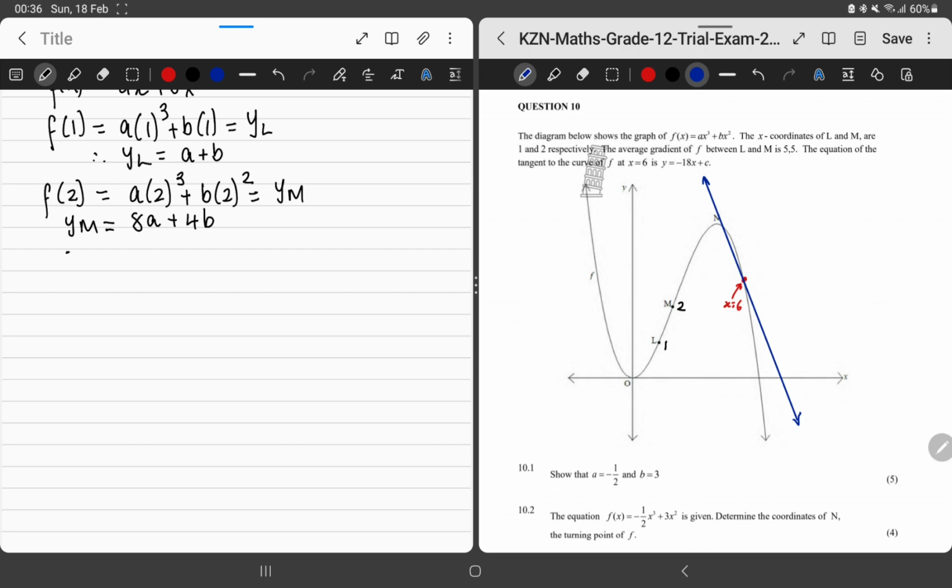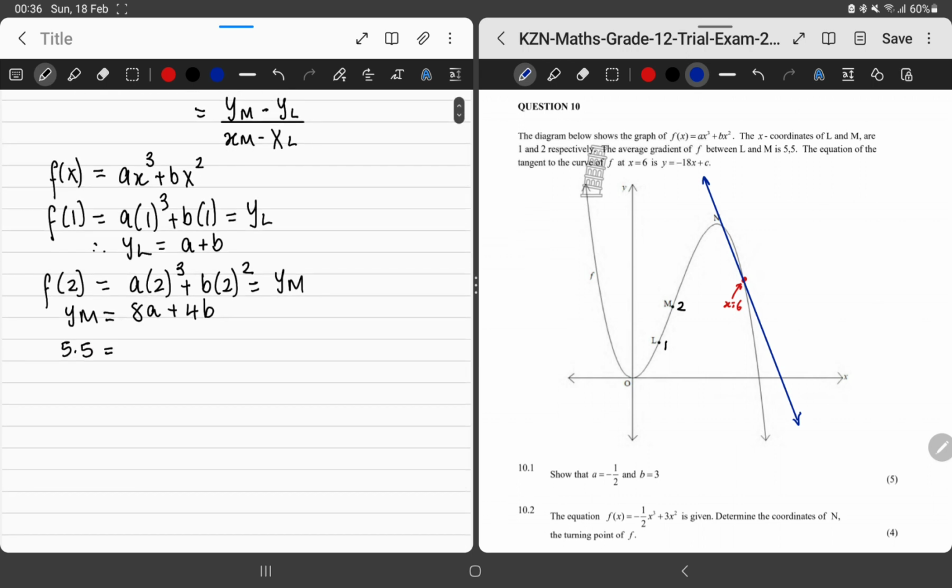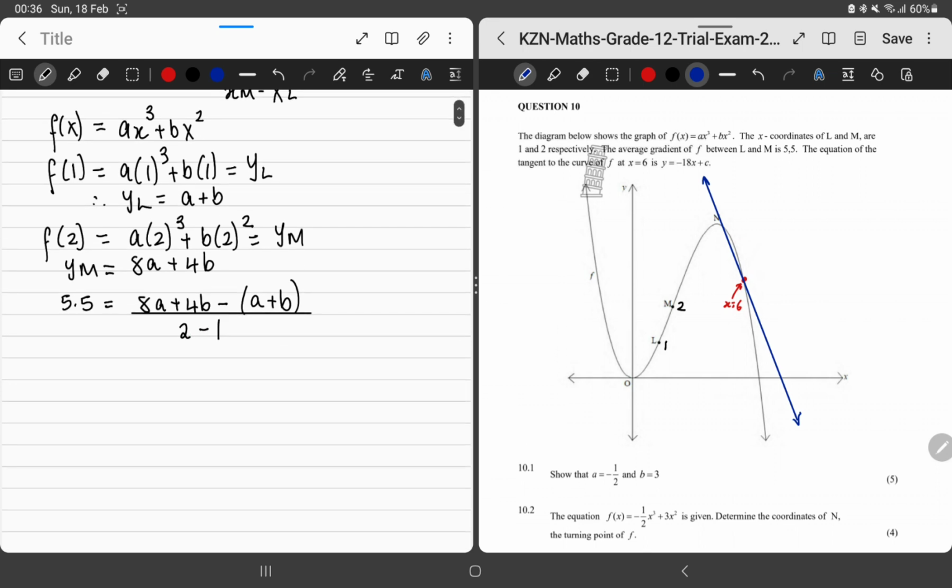They told me that the average gradient should be equal to 5.5. And then y at M, that is 8a plus 4b, minus the y at L, that is a plus b, all over the x at M, that is 2, minus the x at L, that is 1.